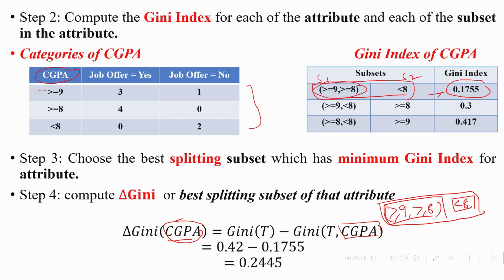We found the Gini of the target variable, 0.42, minus the Gini of the target variable with respect to CGPA minimum value, 0.1755. So the delta Gini with respect to CGPA is equal to 0.2445.